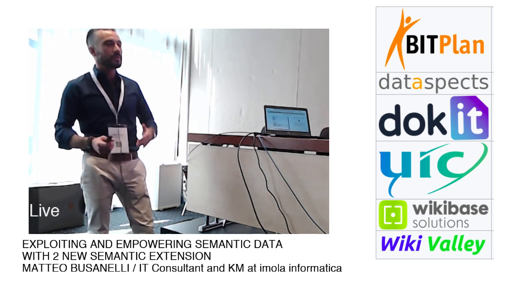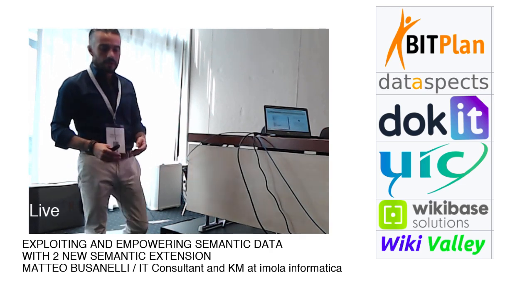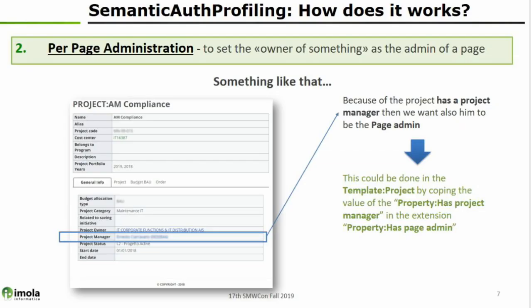The other functionality that we need is per page administration that overcomes the category profiling, because we can say that we have an owner of something, and this is a semantic property, so we can specify that a project has a project manager.